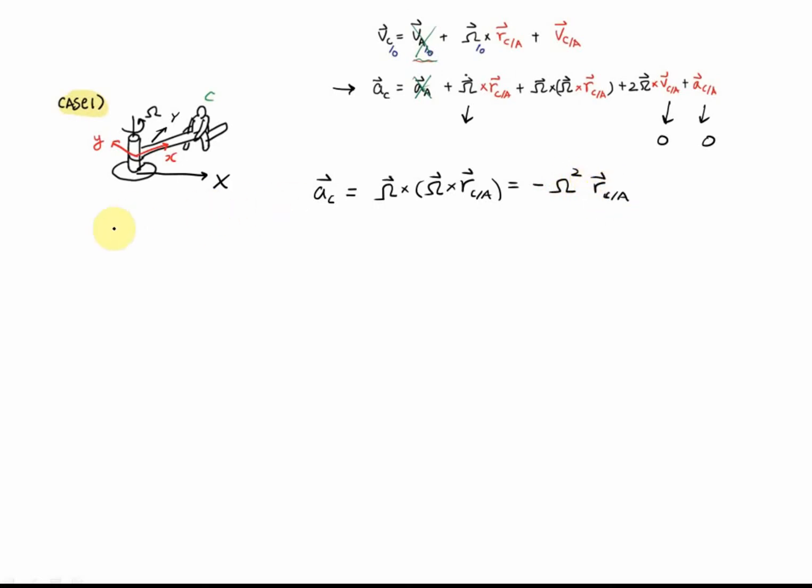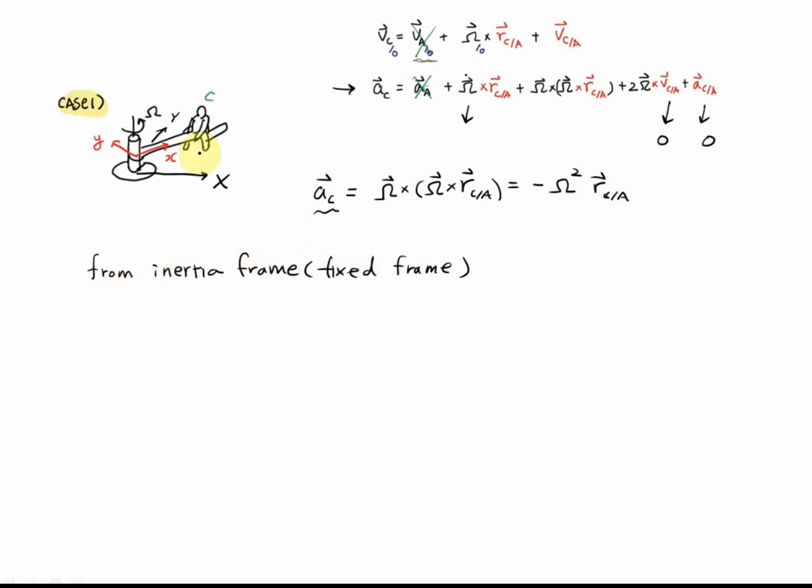So what does that mean? If you observe the person's motion from your fixed frame, which I call the inertial frame, then certainly there's acceleration, because the acceleration is negative omega squared r. So what is that acceleration?